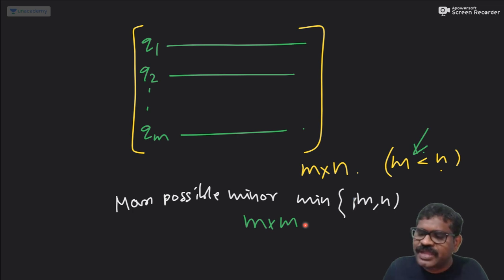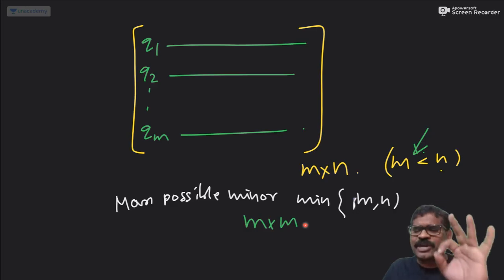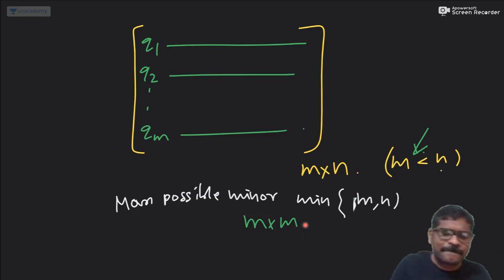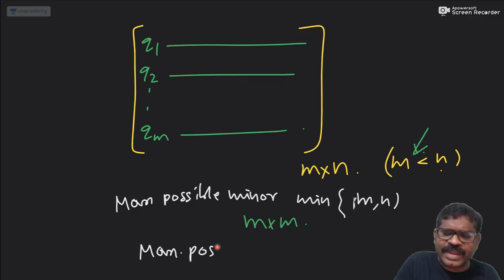Murali, got it? If maximum possible minor is m cross m, maximum possible rank is m.